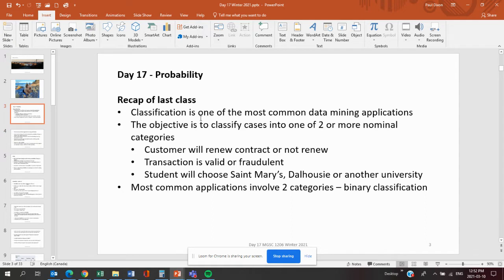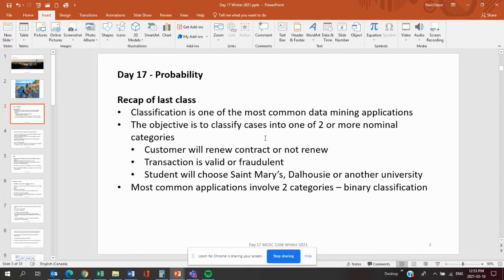So last class, we zipped through quite quickly, but I think we covered the basic stuff of introducing classification problems. It's definitely one of the most common data mining applications when the objective is to try to predict whether or not a transaction, a customer, an activity fits into one of two or more different categories.